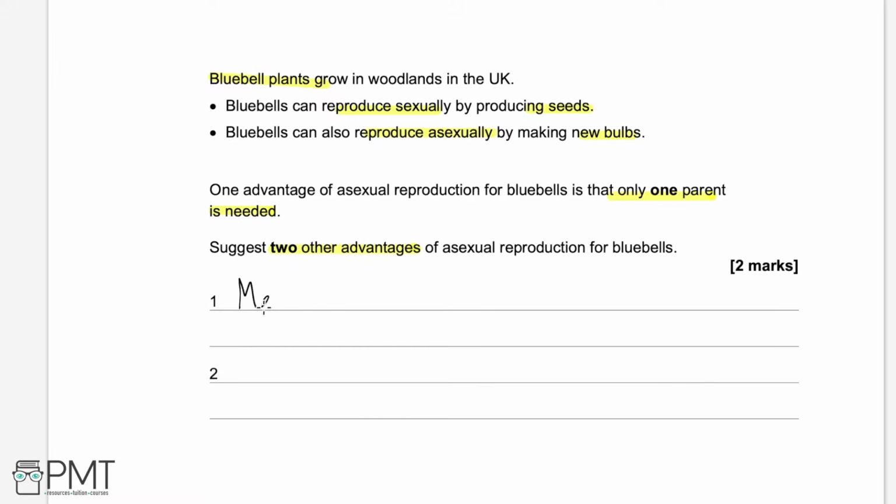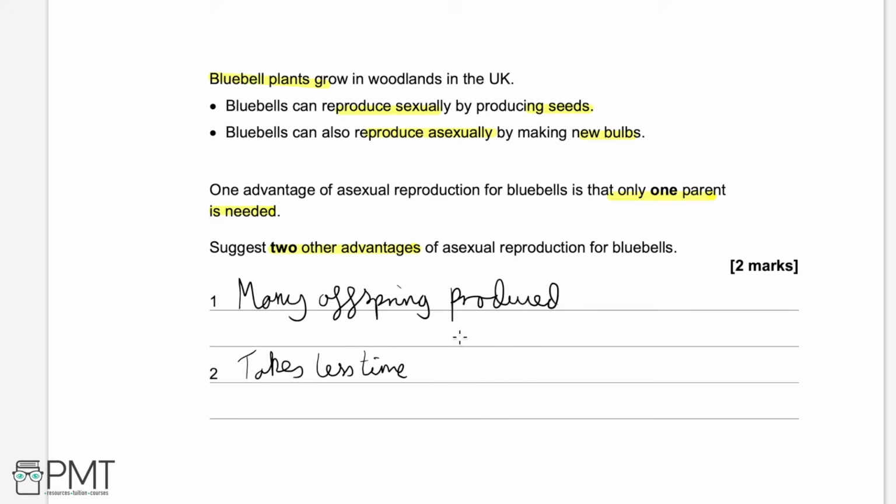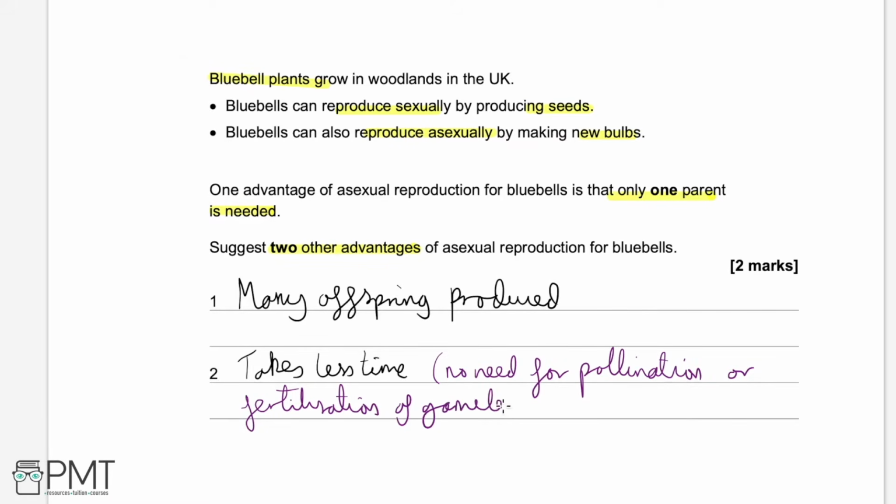Well, first of all, we can say that many offspring are produced. This is due to the relative ease of asexual reproduction compared to sexual reproduction. A second advantage is that it takes less time, as there is no need for pollination or for the fertilization of gametes, all of which takes a long time out of the process of reproduction.